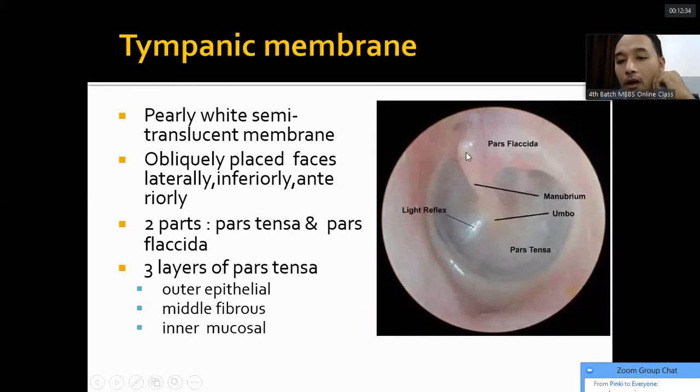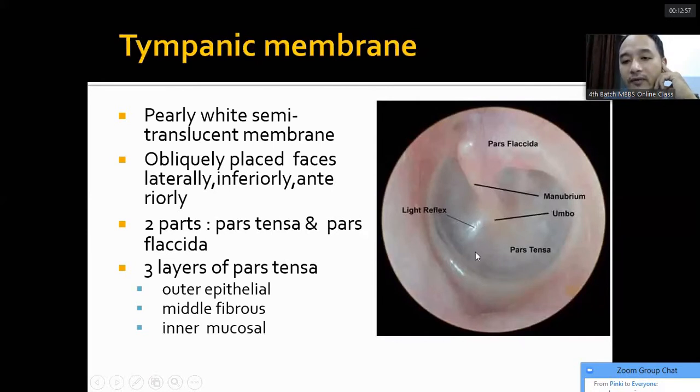Now the landmarks in the tympanic membrane, the otoscopic vision of this tympanic membrane. This is the handle of the malleus, and due to the orientation of the tympanic membrane, it is obliquely inclined anteriorly inwards and inferiorly inwards. So there is the reflection of the light of the otoscope.